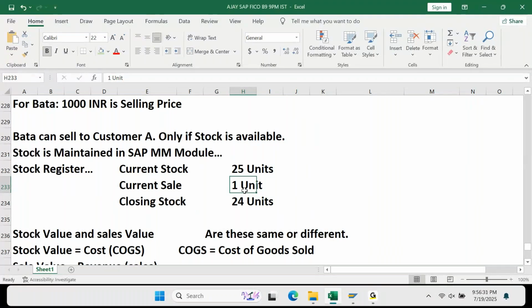Sometimes by mistake the user scanned a barcode 2 times. Instead of 1, it has become 2. But ideally you are selling how many units to the customer? Only 1. If by mistake the quantity is updated as 2, now 1 has to be reduced. One quantity has to be removed, which is incorrectly updated on your sale.